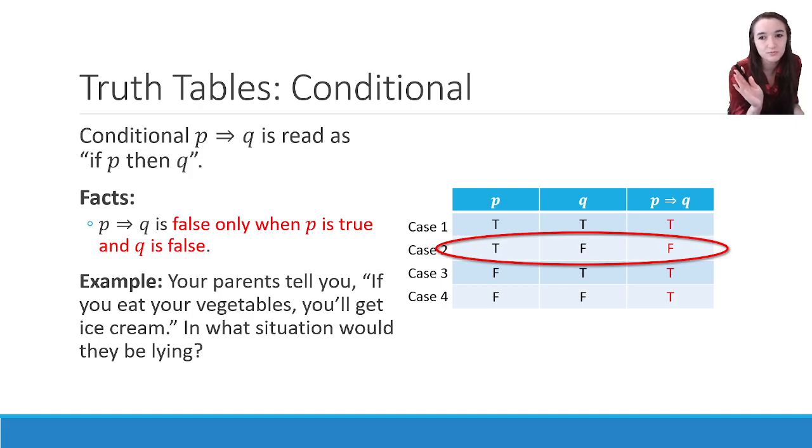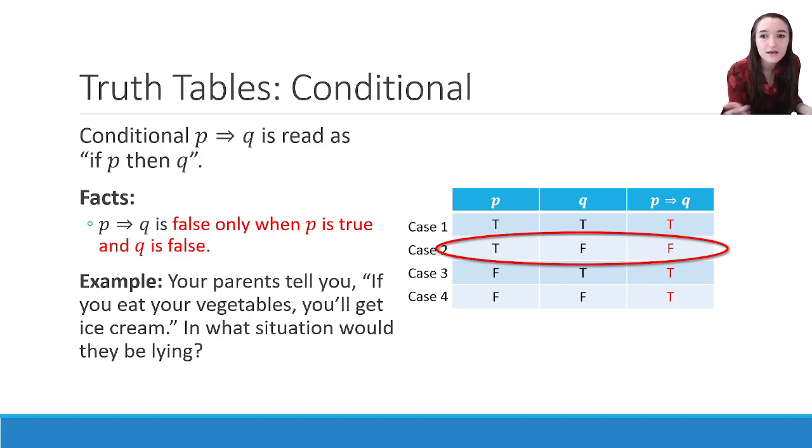The other 3 are true because, again, first one, that one's pretty obvious. But case 3 and 4, it's just that even if you think what is called the converse, which we'll talk about a little bit later, but even if you think the opposite should be the way it works, even if you think if you don't eat your vegetables then you won't get ice cream, that's never stated.